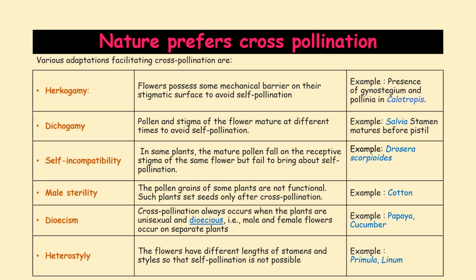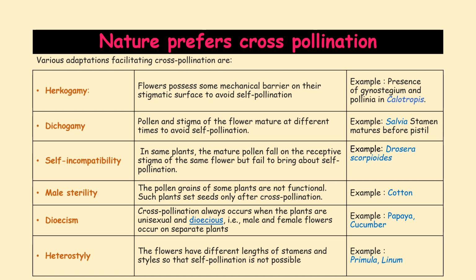Such a situation is known as dioecism. We can see that in case of papaya and cucumber, where you have male flowers and you have female flowers separately. So there is no possibility of pollination to happen within the same flower.